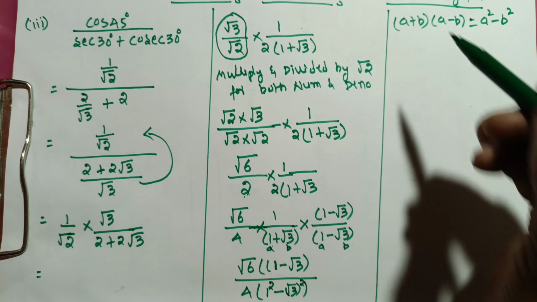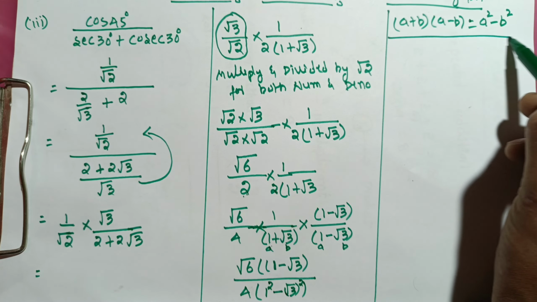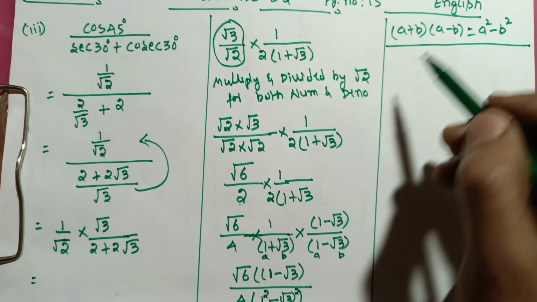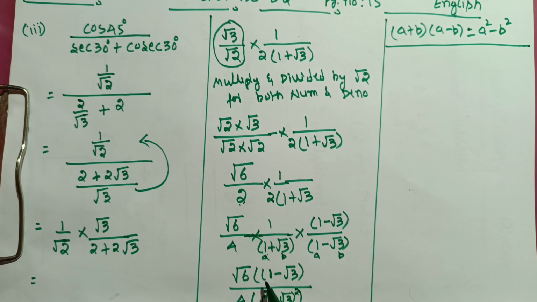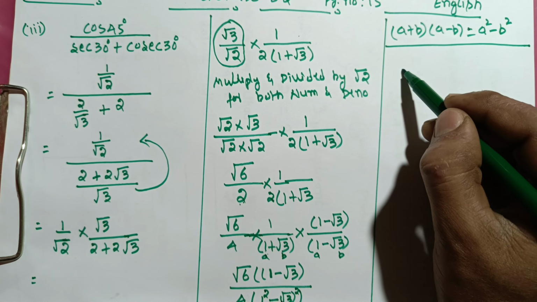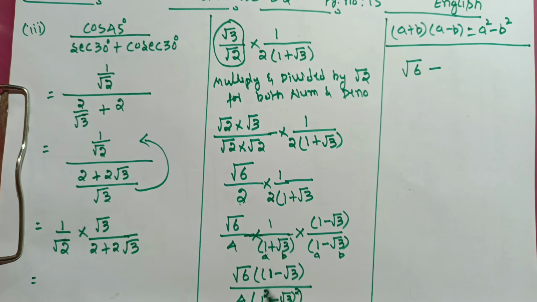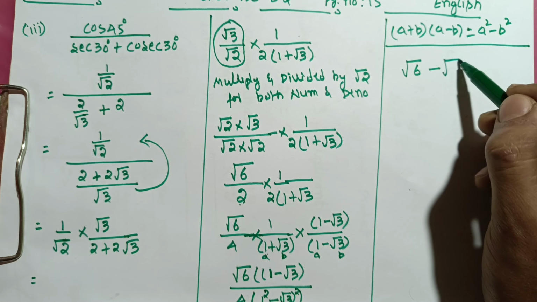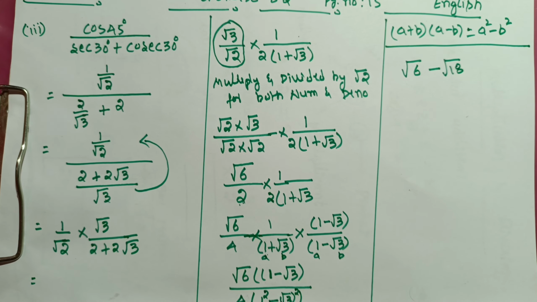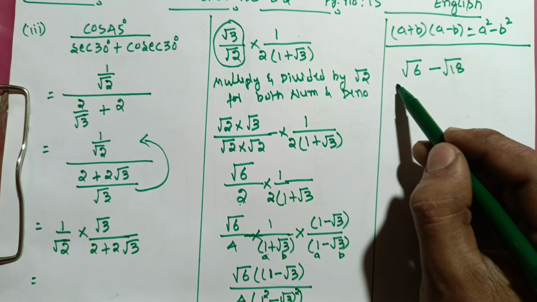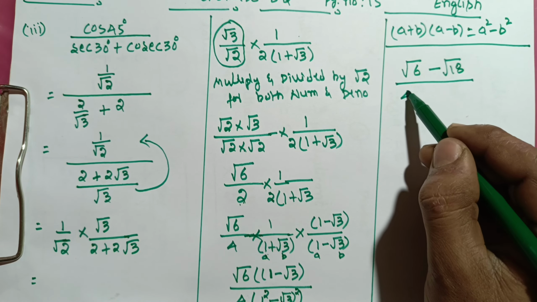So now I will multiply with the numerator. See, root 6 into 1 is root 6 minus root 6 into root 3 is root 18. Root 6 into root 3 is 18 divided by 4 as it is.